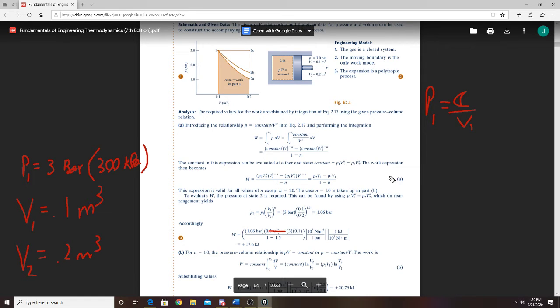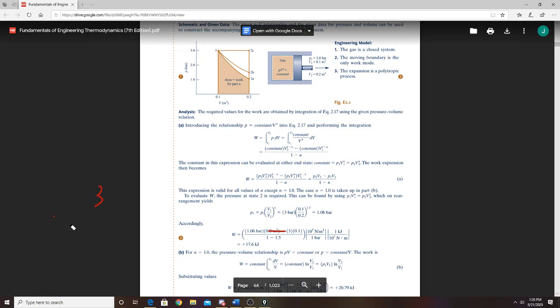If you do that and integrate, you end up with the following right here. This is important. This is what you need to remember. I'm going to try and make this easy because explaining it other ways always confuses people.